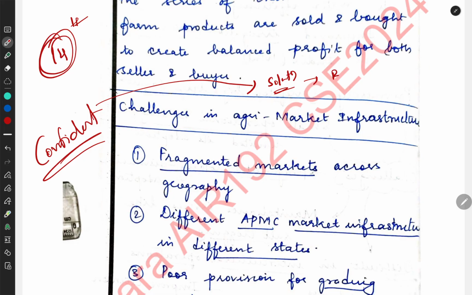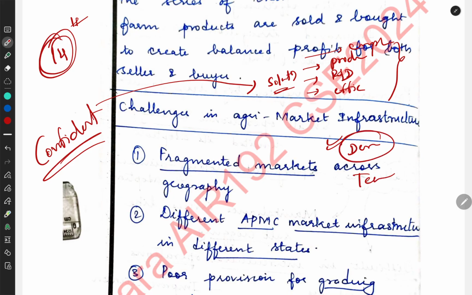You need to increase R&D, you need to increase efficiency, you need to increase production, you need to increase employment. These are very vague points, right? Everyone knows that, but you should have the confidence and content to write to the demand of the question with proper technical solutions, right?